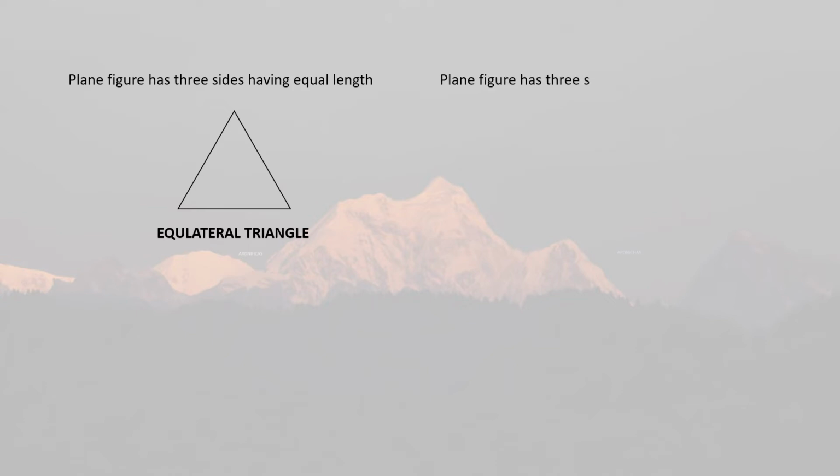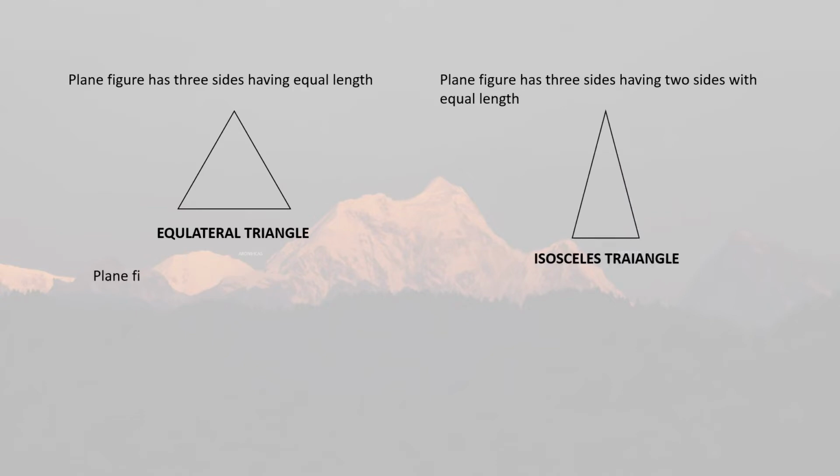Let us look at this figure having 3 sides that are equal to one another. We call this an equilateral triangle. We have again these three sides having two sides equal. We call it an isosceles triangle.